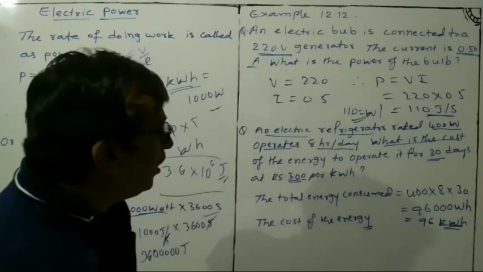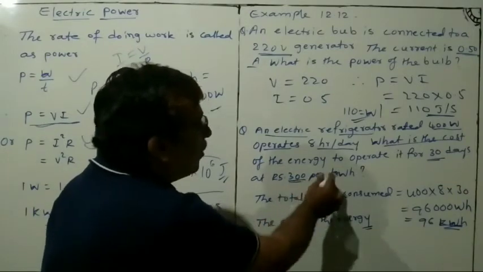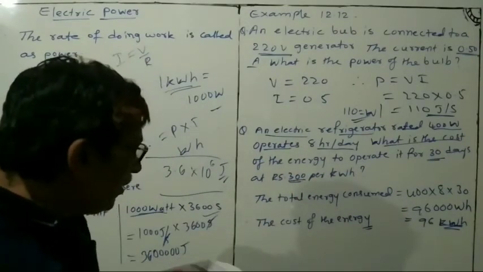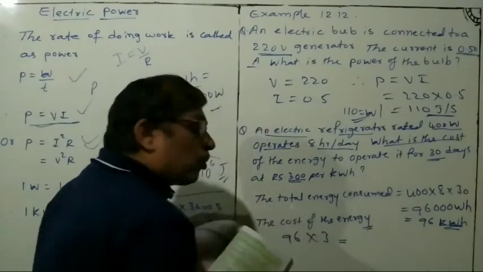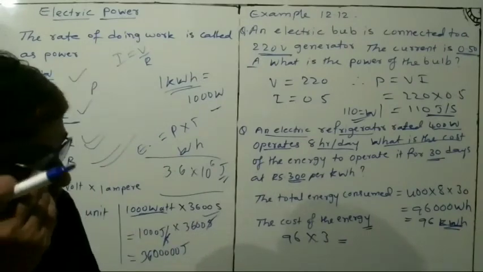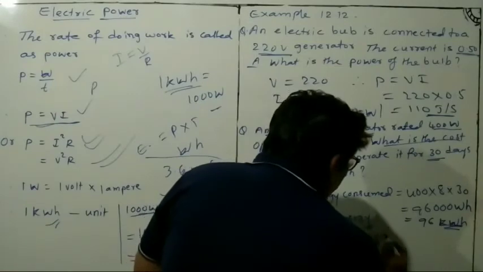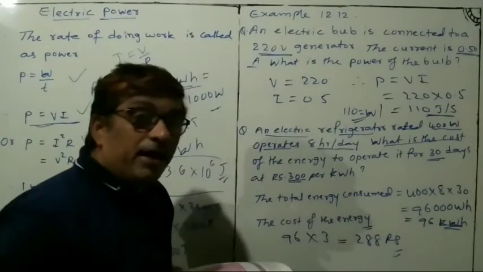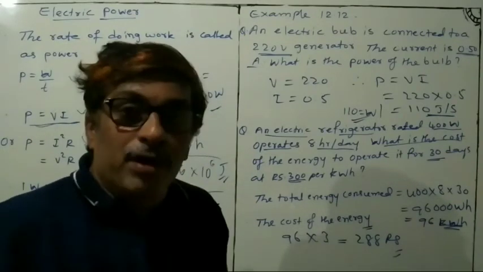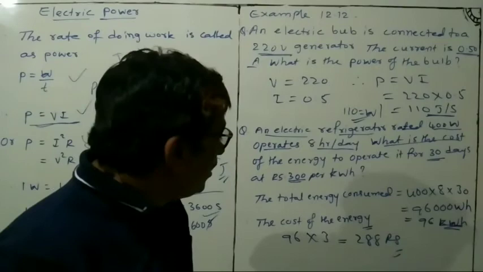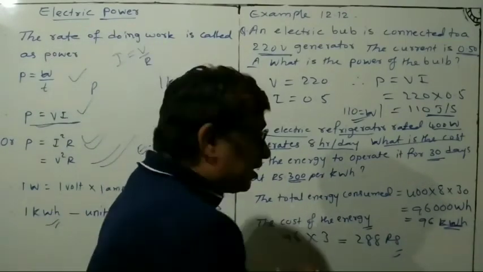So 96 units, given 3 rupees per unit, you multiply 96 multiplied by 3. The answer is 288 rupees. So in this way, whatever the electric bill comes at home, you can calculate like this.